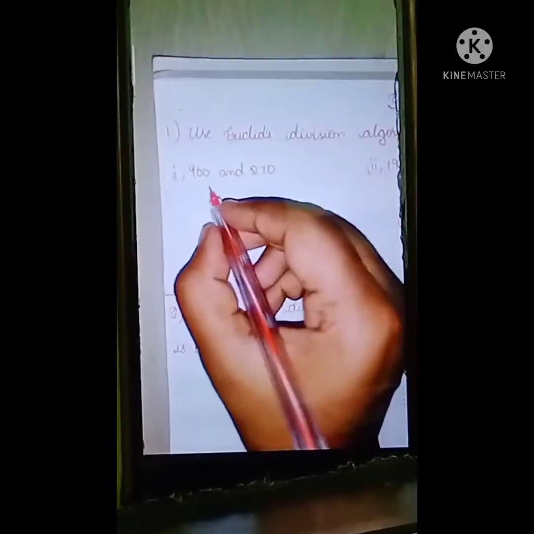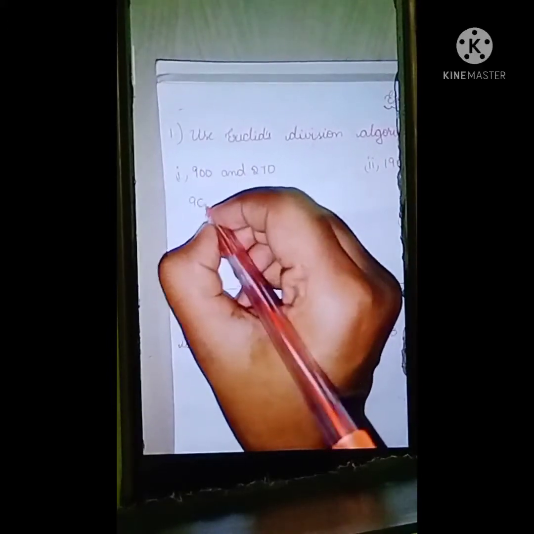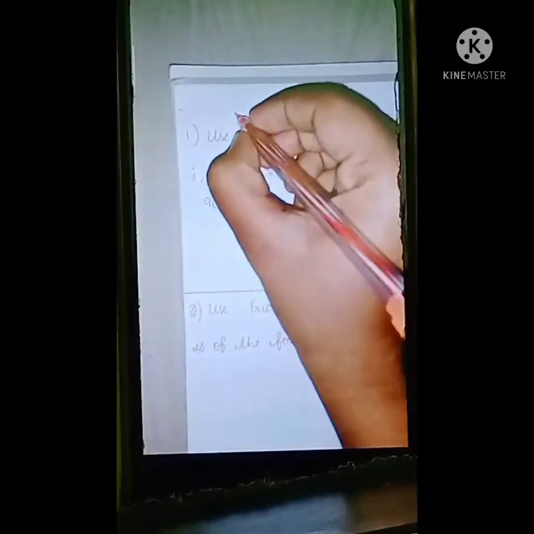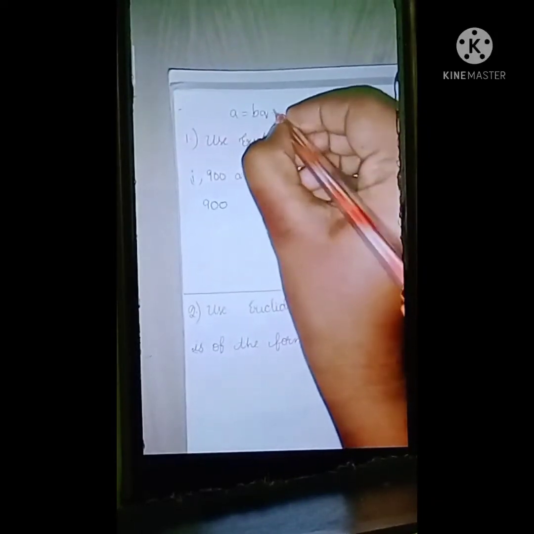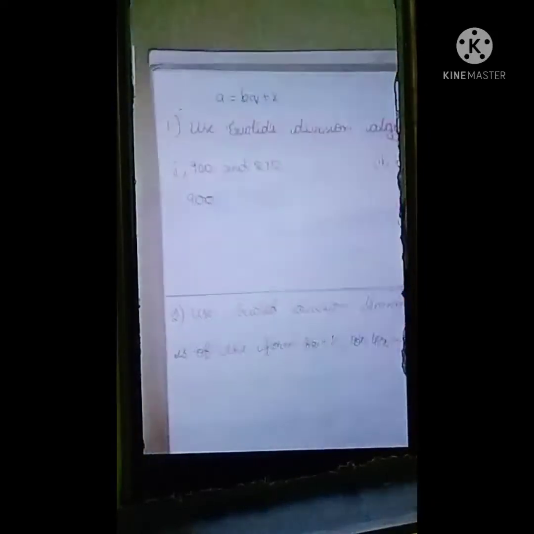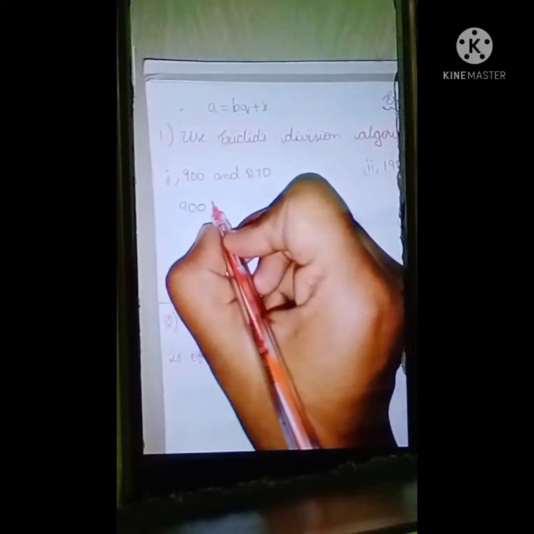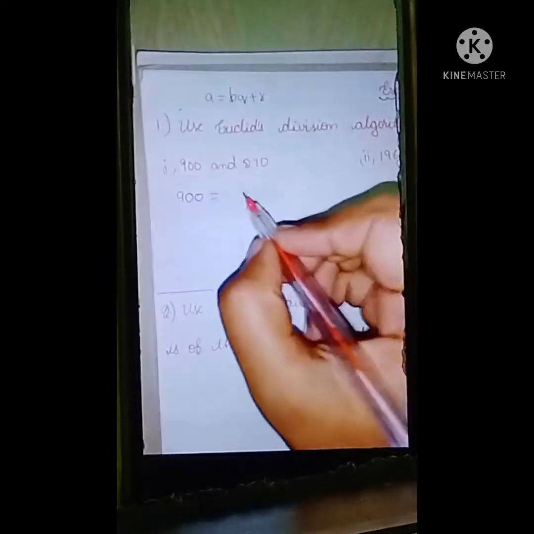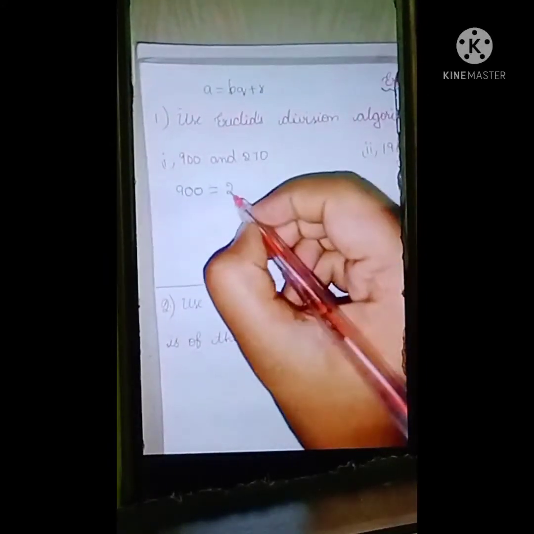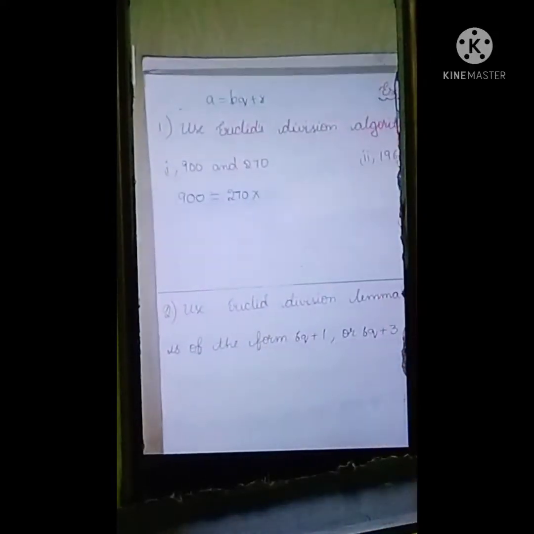Here the big number is 900, so we can take A as 900. First, what is Euclid's division lemma? It is A equals BQ plus R. So we can take A as 900 equals BQ plus R. Here B is 270, so what's the Q?